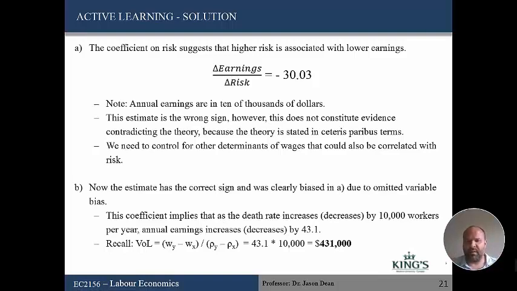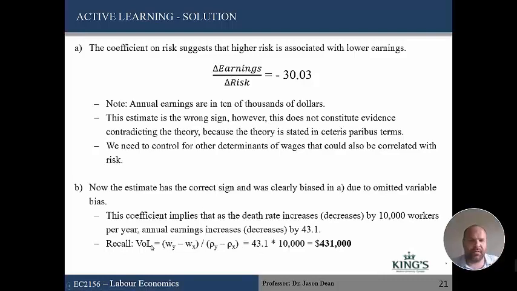by 43.1. If you remember before, the value of a human life is the change in the wage divided by the change in the probability of injury, and we know that's the coefficient, 43.1.